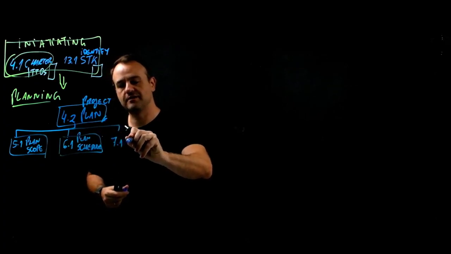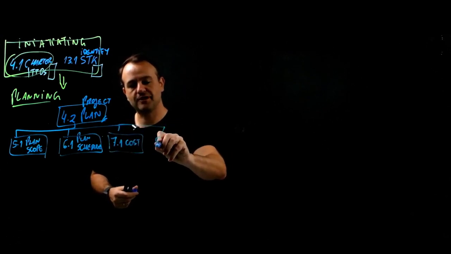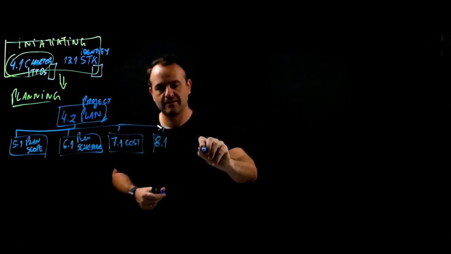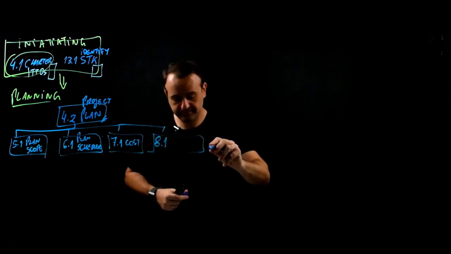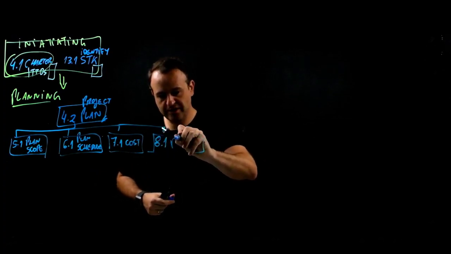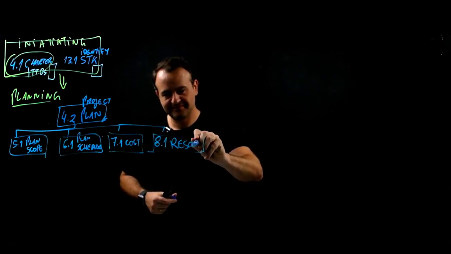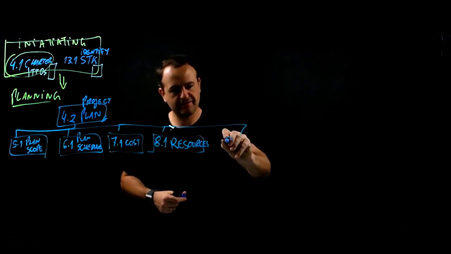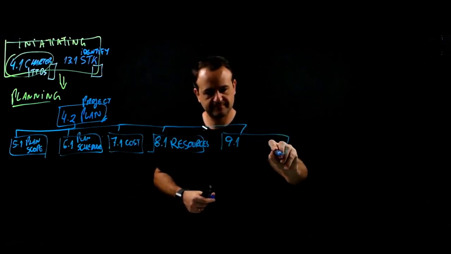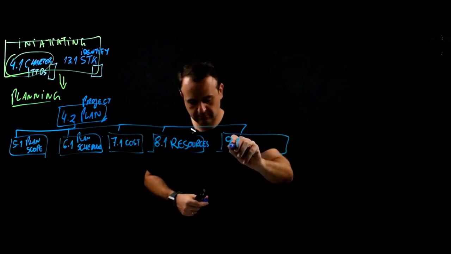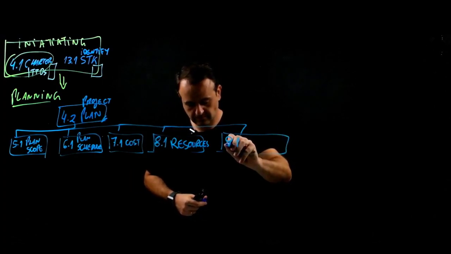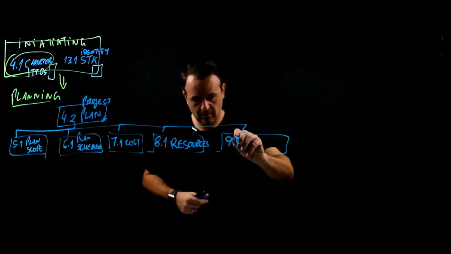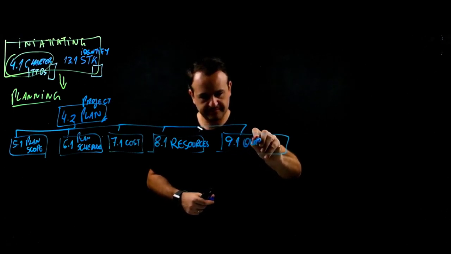So 7.1, plan cost. Then we have 8.1, where we plan quality, resources, then we have 9.1, where we plan resources.